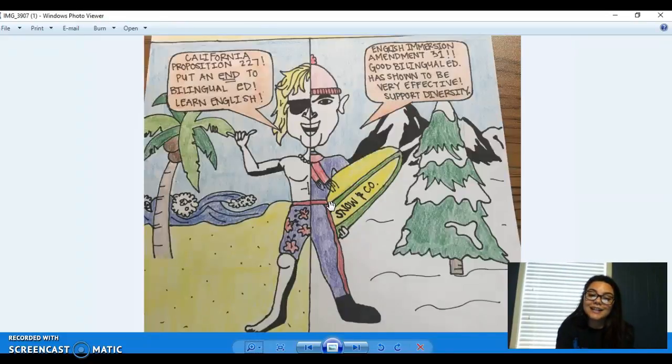The right side of this graphic shows Colorado's English Immersion Amendment 31, and it also represents those who believe in diversity and believe in supporting bilingual education. The Colorado English Immersion Amendment 31 was an amendment that rejected Ron Unz's idea, and it was in 2002.